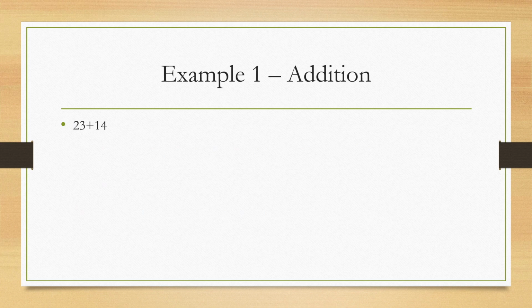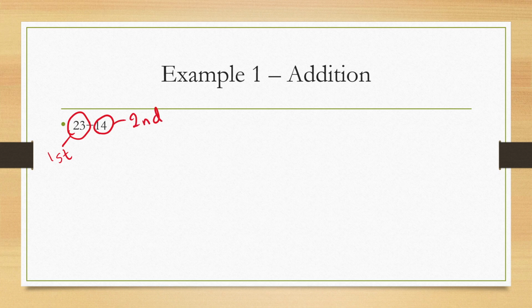Example 1, addition. We're going to do 23 plus 14. To start off with, you need to keep in mind the position of the numbers. What I mean by the position is the column, whether it's in units or in tens. So first of all, I'm going to define this: 23 is the first number and 14 is the second number.